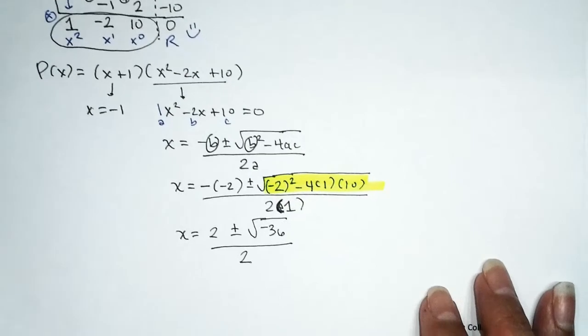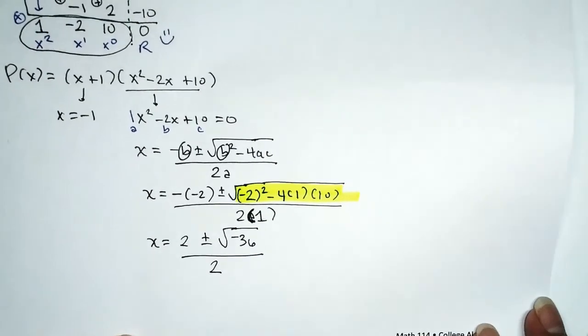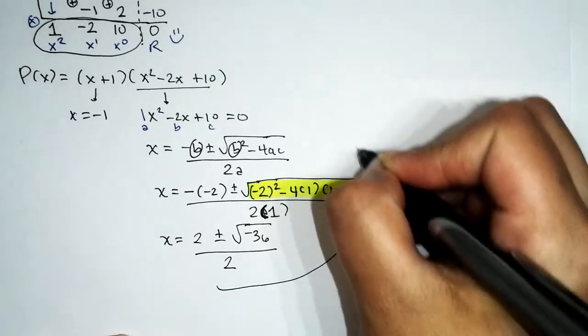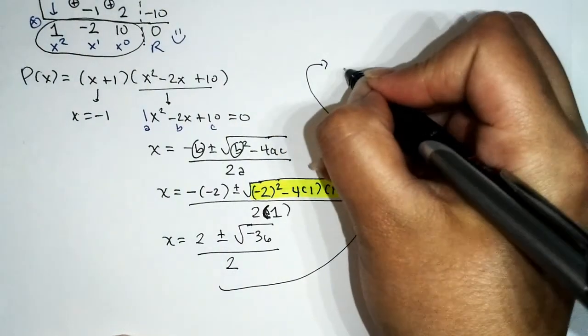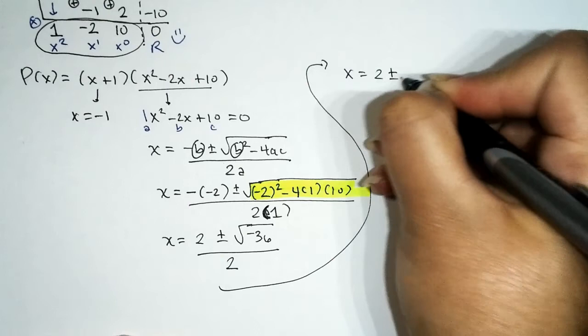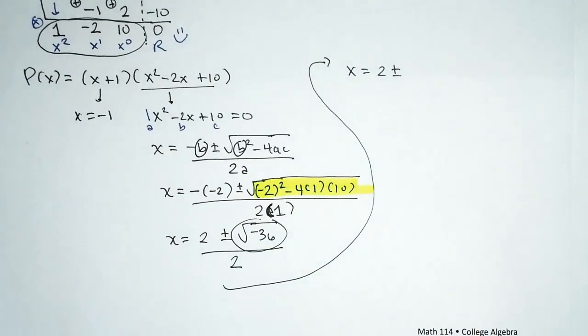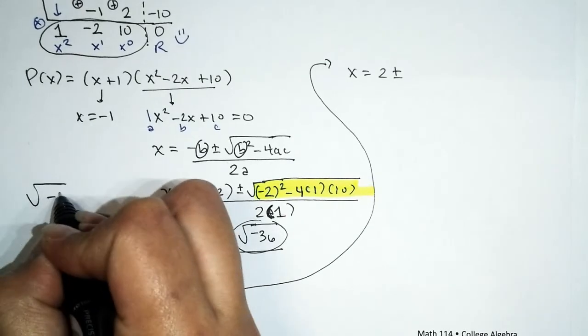So where do I have more space? I'll do it right here. Okay, so we have x equals 2 plus or minus whatever the square root of negative 36 simplifies to. I know you can do it in your head, but I can't, so I'm going to show my work.